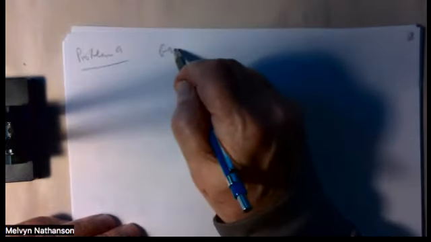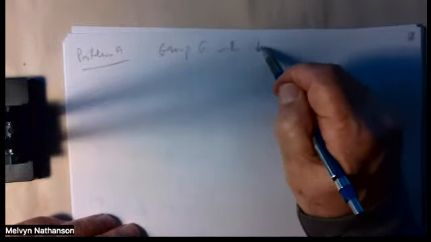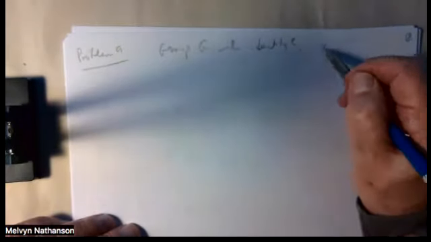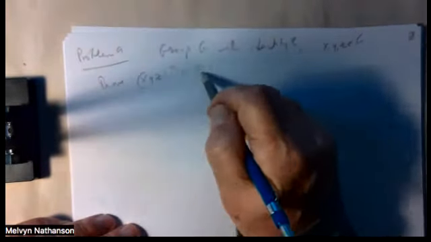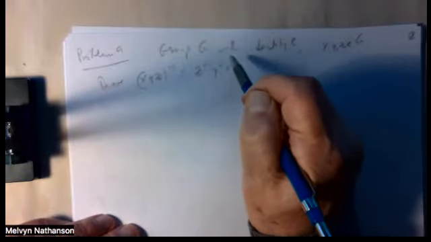So the last problem is problem 9. We have a group G with identity element denoted by E and elements X, Y, Z in G. We want to prove the inverse of XYZ is Z inverse, Y inverse, X inverse. So the actual proof is straightforward enough.